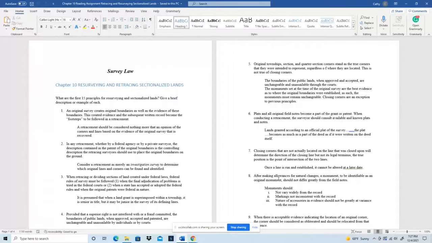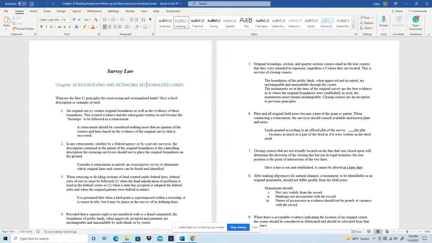So they just talk about the original corners, saying where they can be identified, you cannot change them. Principle 5: original township, section and quarter section corners stand as true corners, intended to represent regardless of where they are located. This is not true of closing corners.